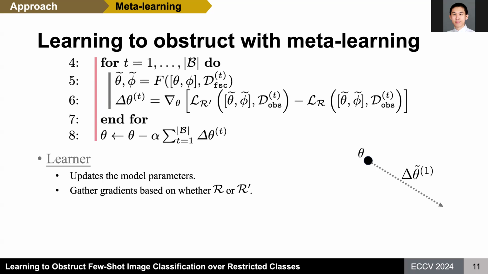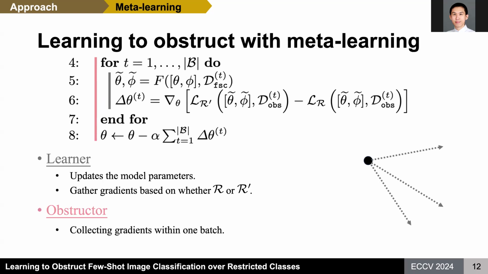We repeat this process several times to form a batch. Next, the pink line indicates A, the obstructor. The obstructor collects the aforementioned gradients within the batch. Finally, theta is updated with the aggregated gradients.